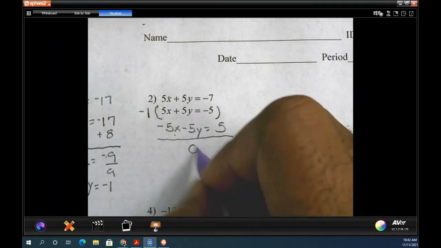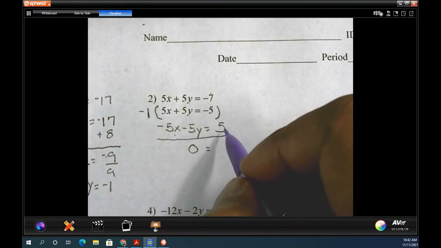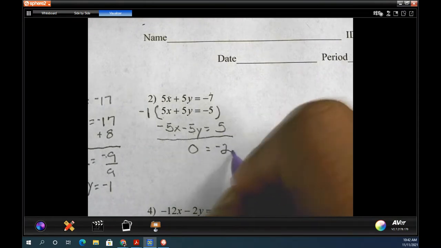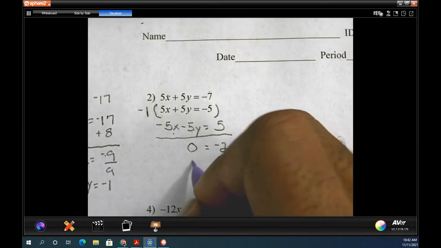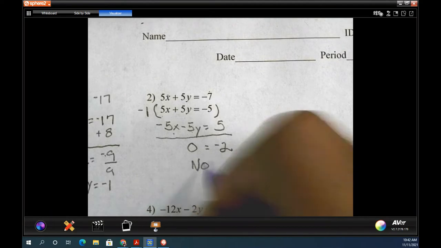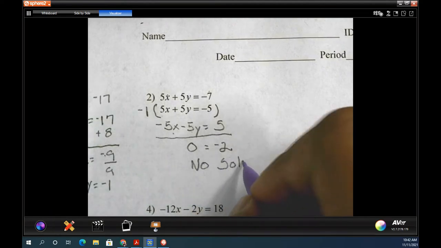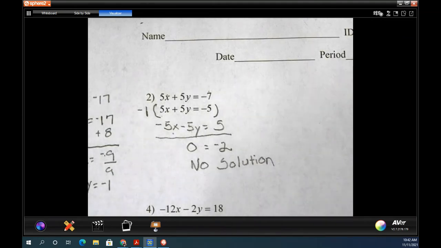So we get 0 over here. Negative 7 plus 5 is negative 2. Now, does 0 equal negative 2? No. So your answer here would be no solution. These are parallel lines. No solution.